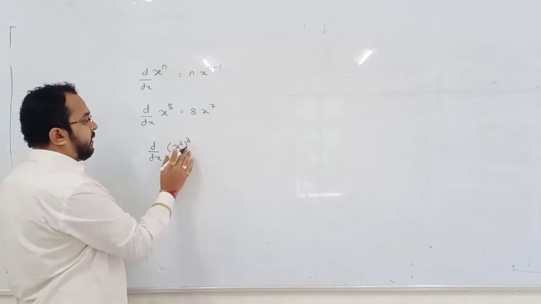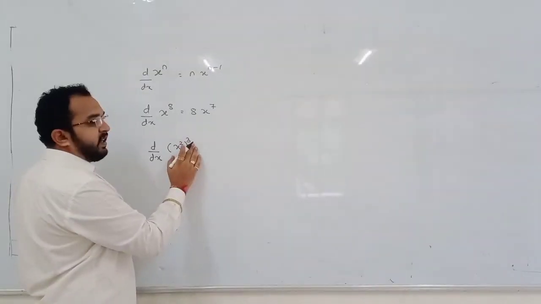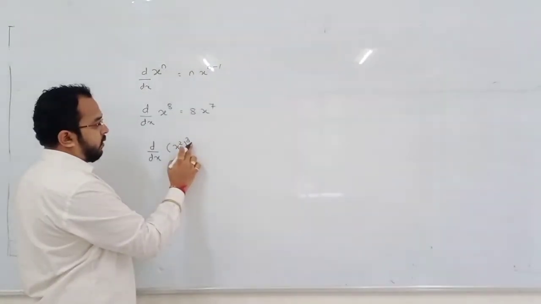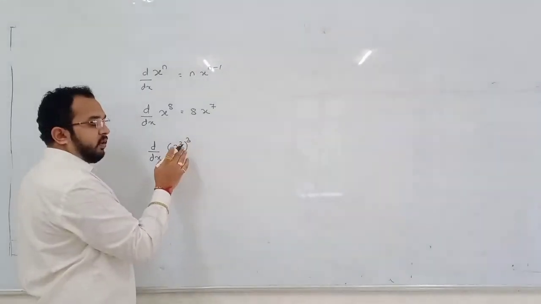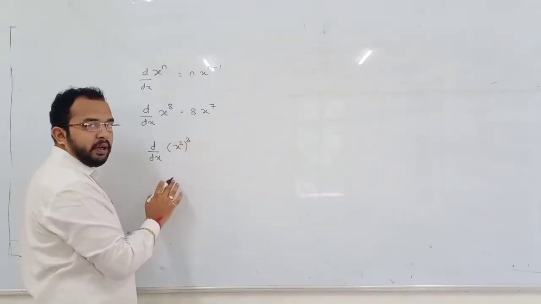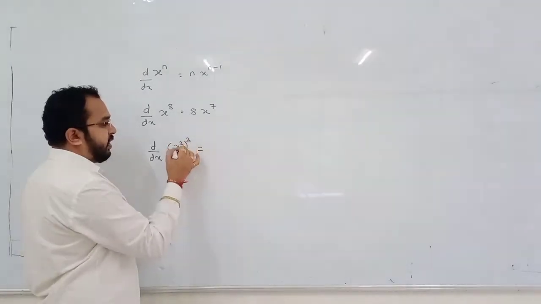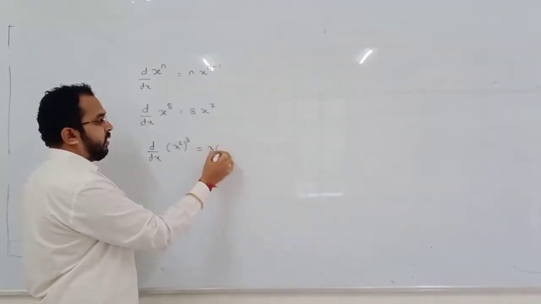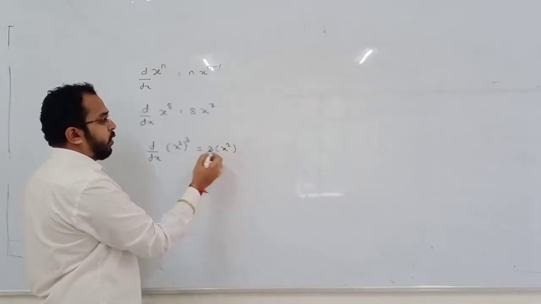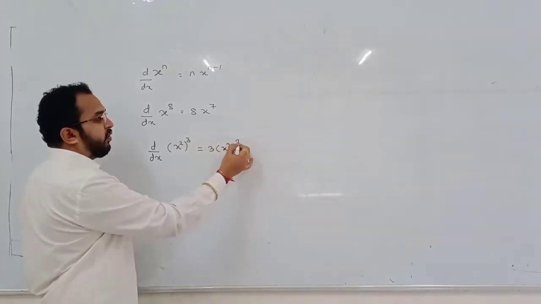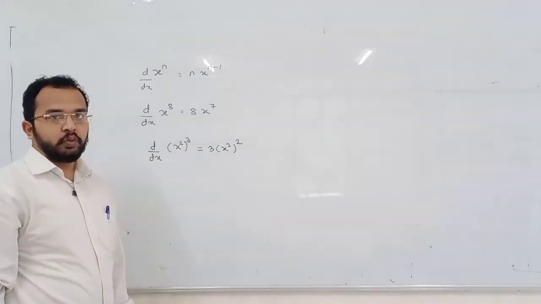So here 3 is there. First of all we are seeing the power. Something is having some power. Now this x square is having power 3. So first differentiate this. So it will be 3 x square to the power 3 minus 1. 3 minus 1 will be 2.